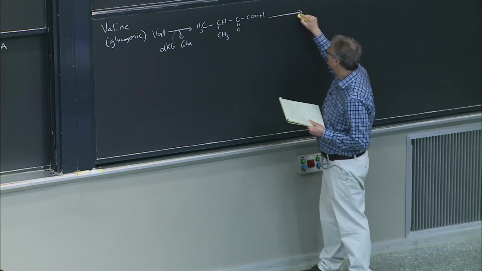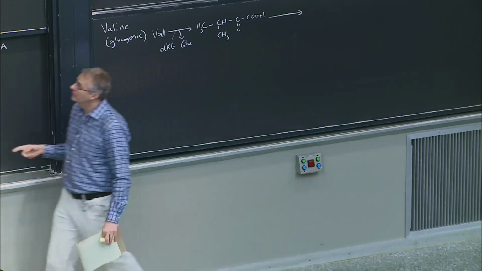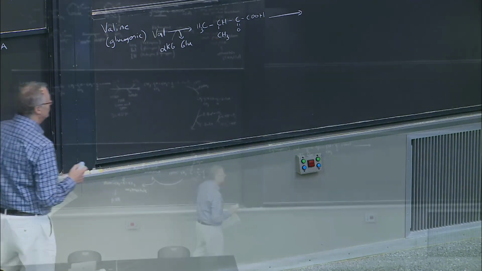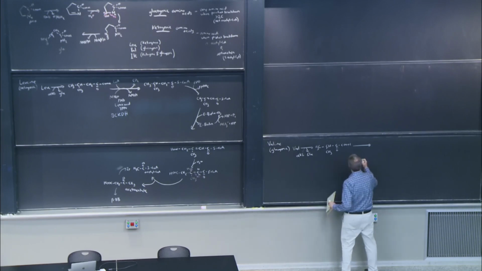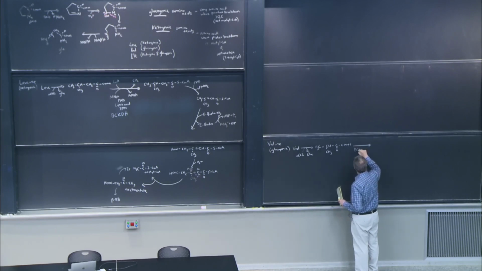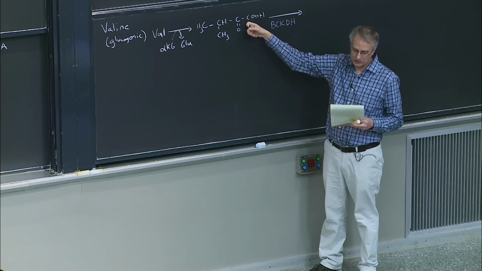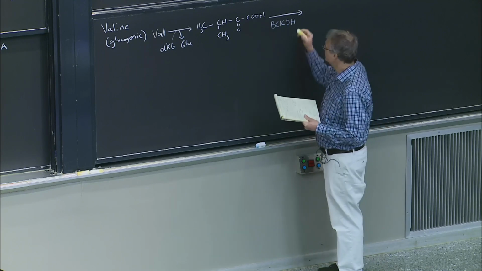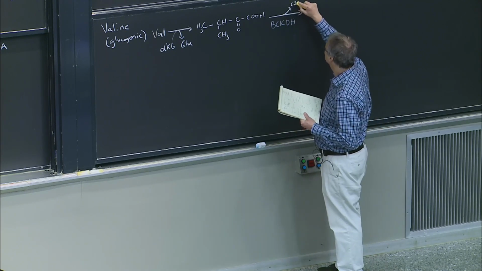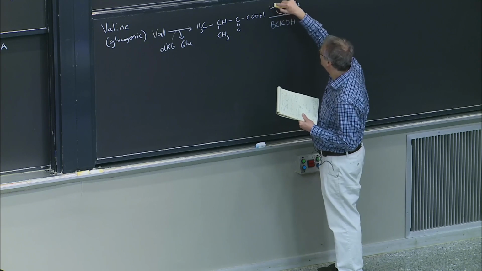Just like we did with leucine, we're going to metabolize the alpha-keto acid with the branched chain keto acid dehydrogenase. Same reaction, oxidative decarboxylation here that releases CO2, adds CoA.